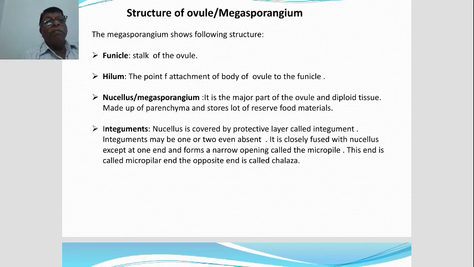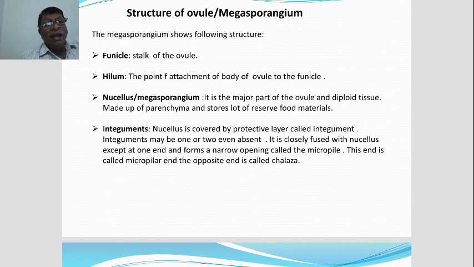Megasporangium shows the following structure. If we examine the ovule of an angiosperm, it shows the following details. Study the diagram. The ovule consists of a stalk. The stalk of the ovule is called funicle.